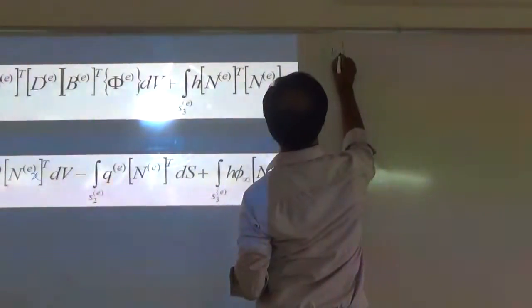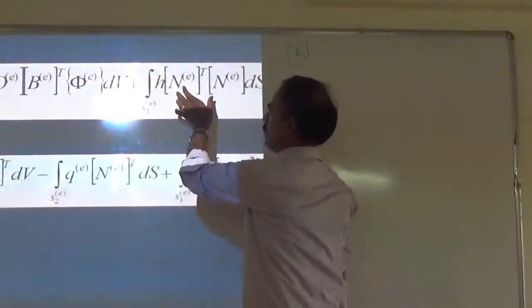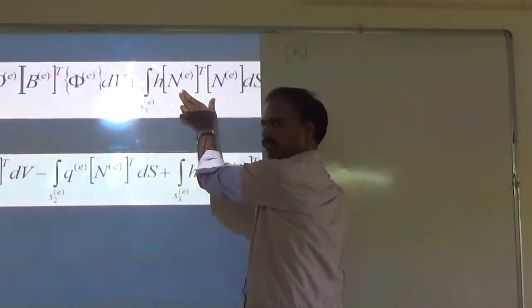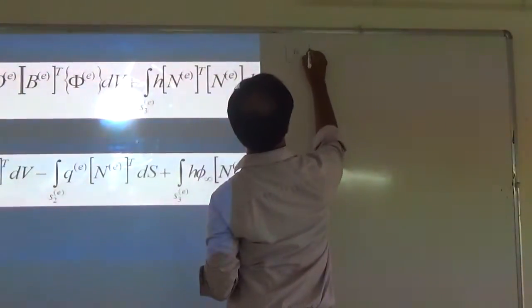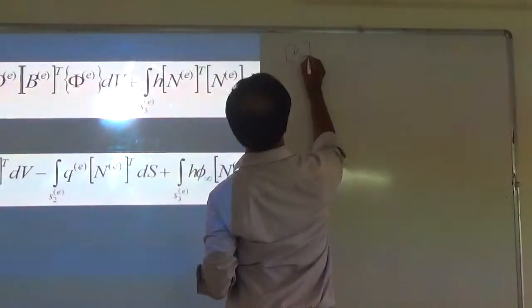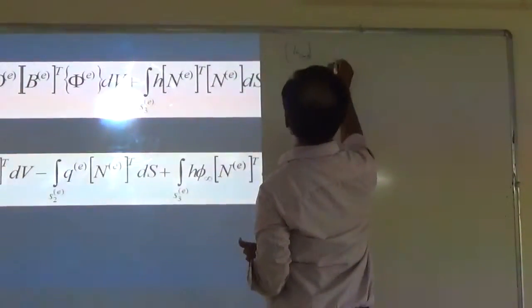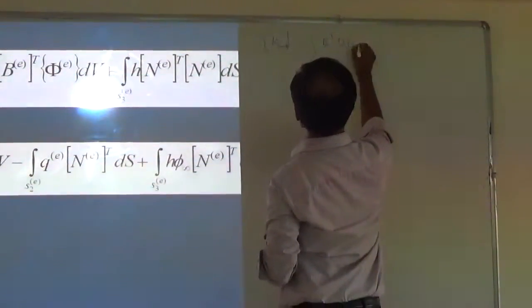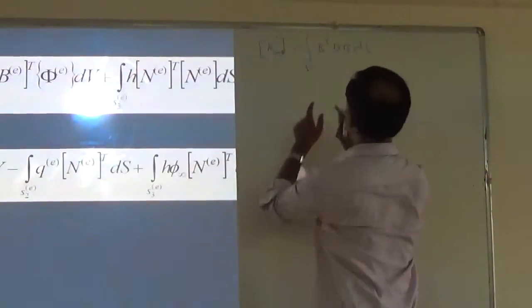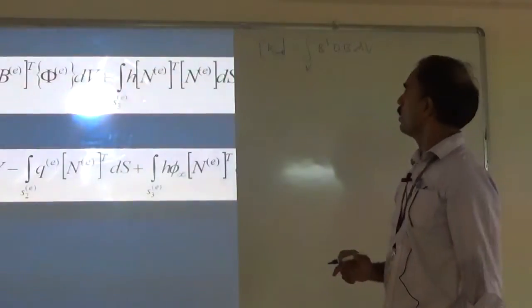I'll call this the conduction term, and this the convection term. This part, conduction, is the volume integral of B transpose D B. Just for the sake of simplicity, I am keeping these square brackets.